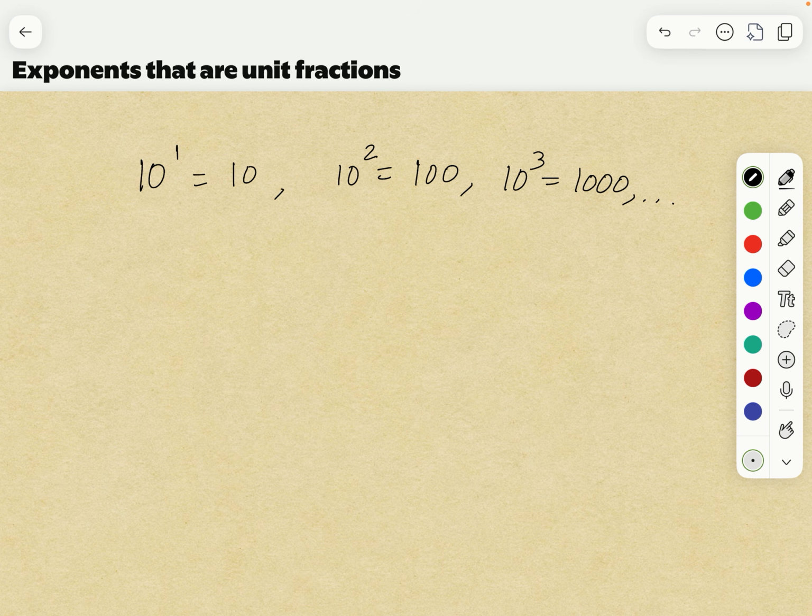And then we learned that we can extend this to 10 to the 0 power. 10 to the 0 power is defined to be 1. And that definition makes sense because it fits the pattern that every time the exponent goes down by 1, the value gets divided by 10.